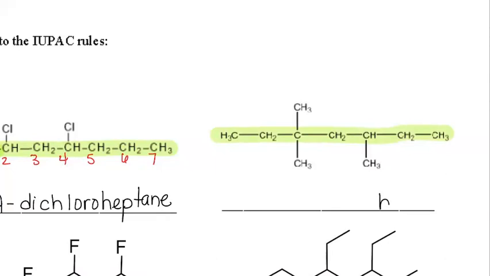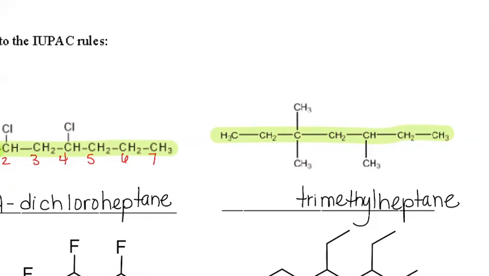Great, Gia. This is heptane. What will be the prefix and name for the substituent? Great job, you guys. Yes, trimethyl. Excellent for the students that are participating in the chat. This is trimethyl.